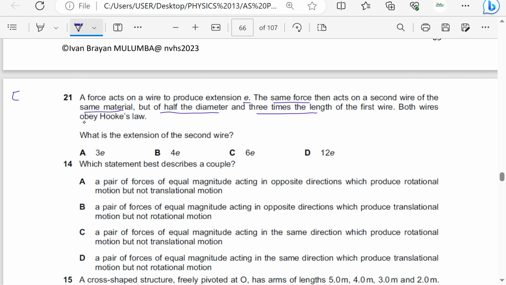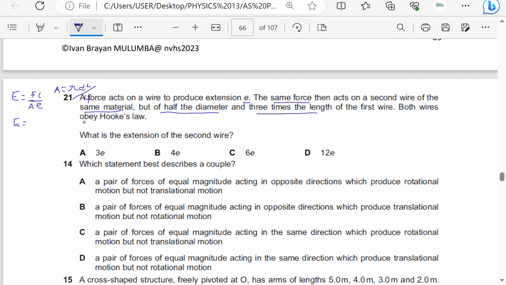Okay, so we know that Young modulus is equal to stress, which is force over area, divided by strain, which is extension over original length. So when we get the reciprocal, it becomes original length over extension. So for the first wire, the Young modulus is going to be equal to, remember, cross-sectional area is pi d squared over 4, or pi r squared, but r is d over 2.